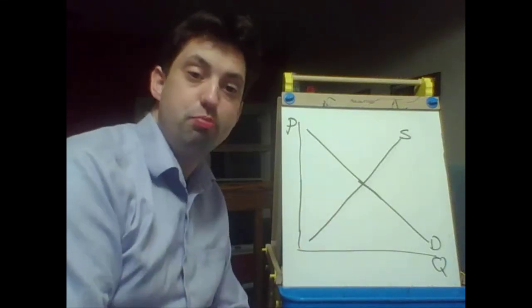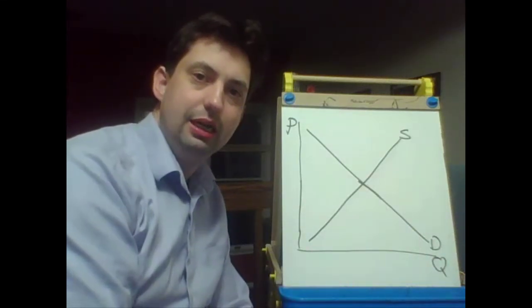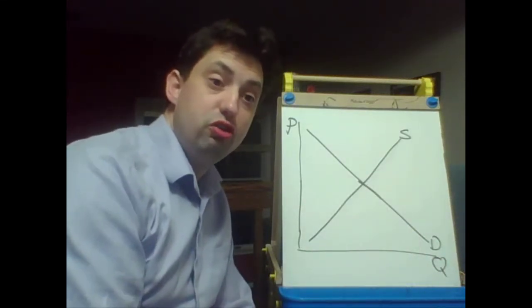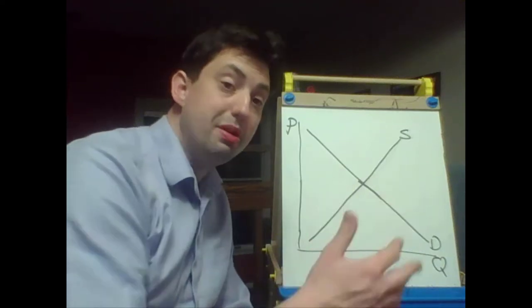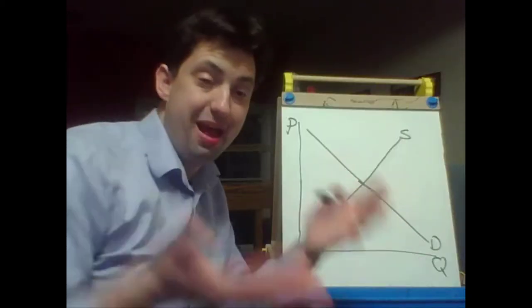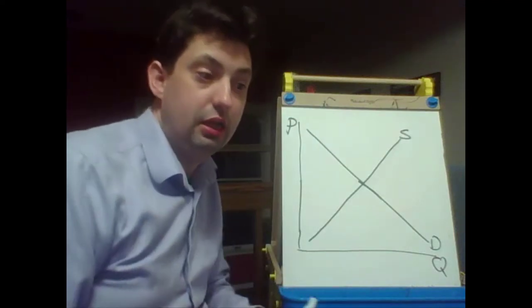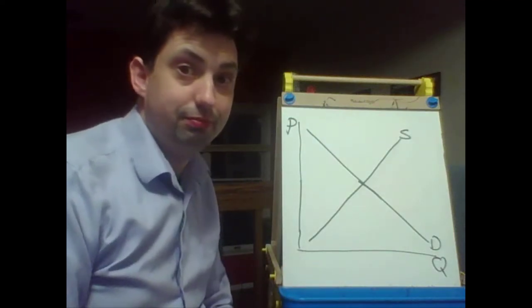Production quotas are you have to produce a maximum amount or a minimum amount. A consumption quota is you have to consume a minimum amount or you can't consume any more than a maximum amount. So we have maximum versus minimum. We have production versus consumption. Let's start with minimum.